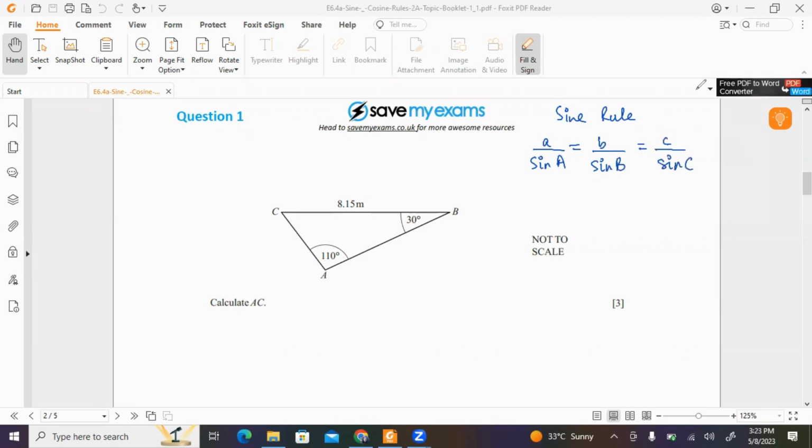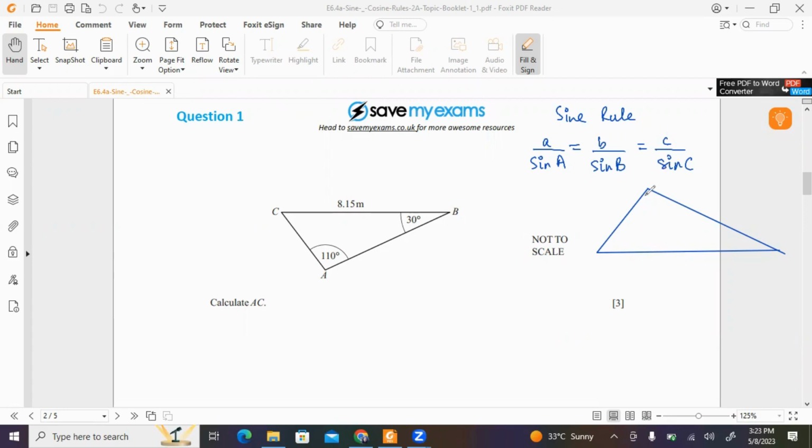Now, in non-right angle triangles, we mostly use the sine and cosine rule. The reason is that we cannot apply Pythagoras to these triangles because we don't have a right angle triangle. So keeping that in mind, the most ideal options are the sine and cosine rule.